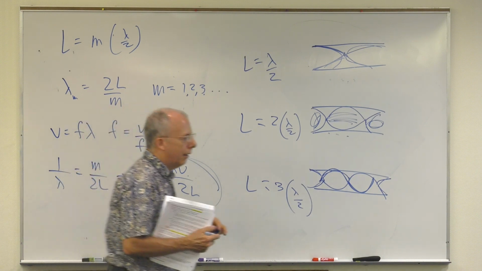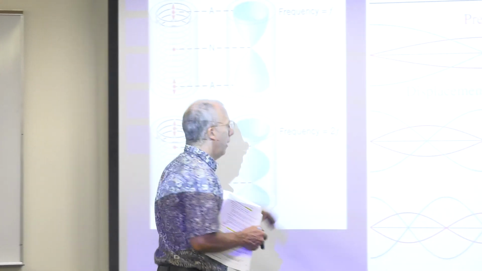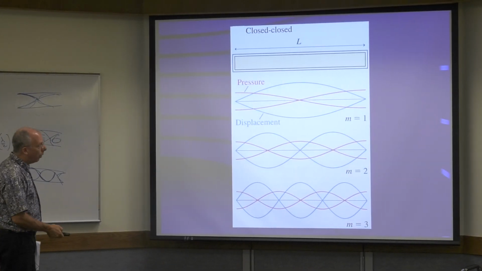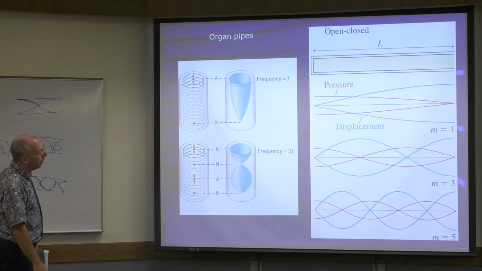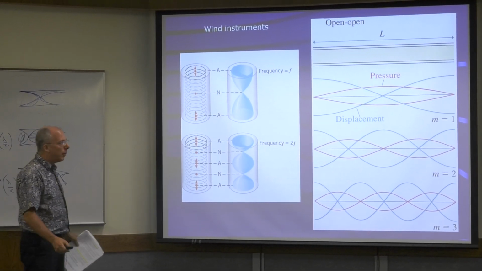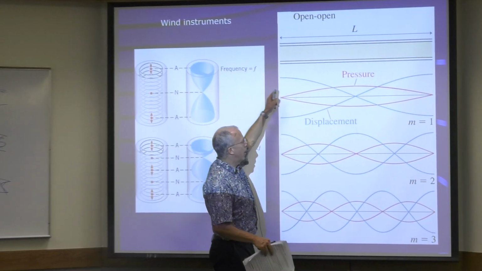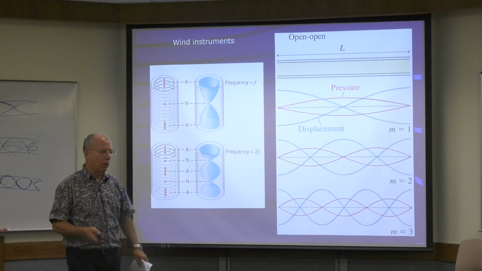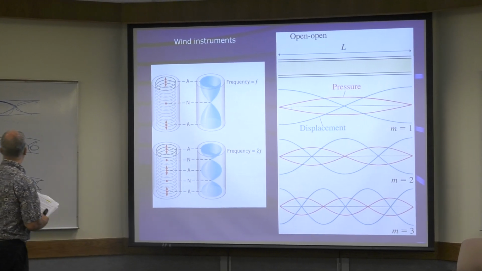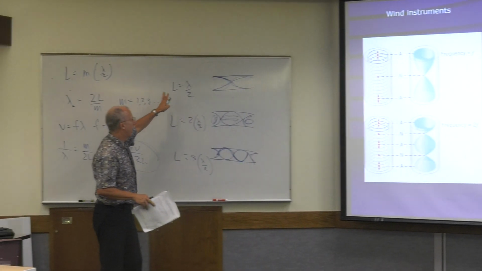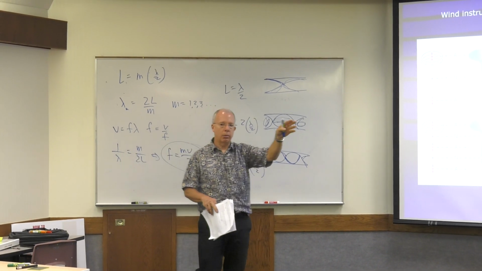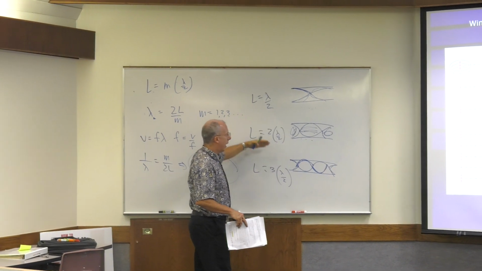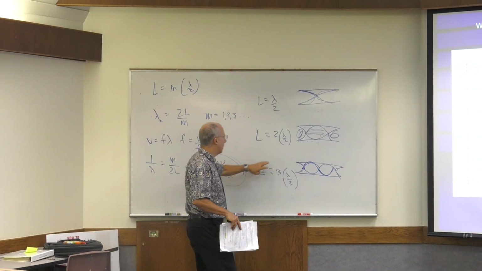All right, now look, you have to make sure that you can draw the pictures for the closed-closed, the open-closed, and the open-open. Just concentrate on the displacement graphs. You have to be able to draw those. And that's not enough, though. Once you've drawn them, you have to go through this analysis, like L is half a wavelength or whatever, to figure out the length of the air column with respect to the wavelengths.